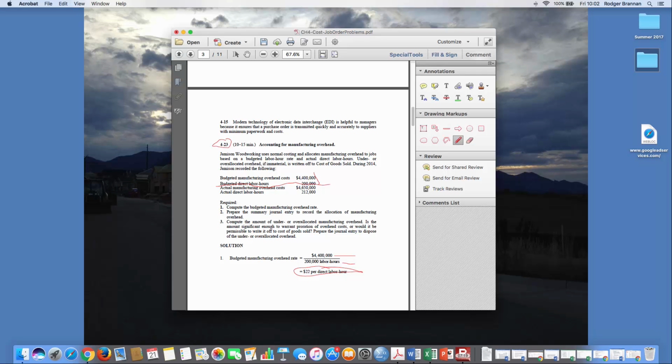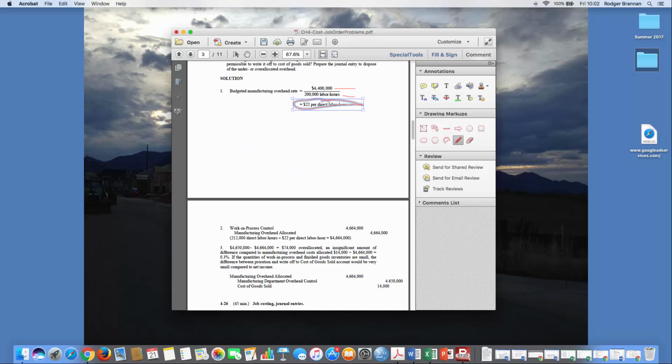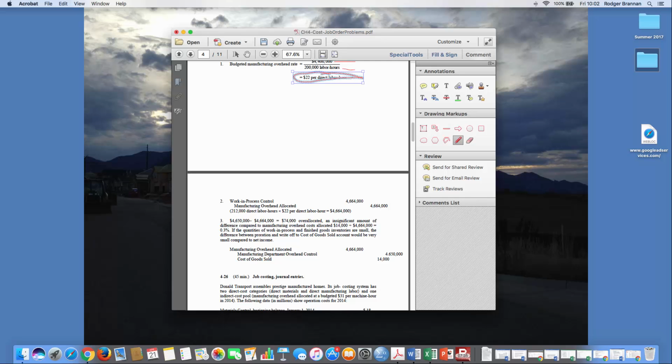So number one, the predetermined overhead rate, the normal rate, it goes by different names, is based on the budgeted overhead and the budgeted activity. So in this case, we're talking about $22 per direct labor hour. Now, in this particular case, they say, for example, that there were in fact 212,000 direct labor hours. All right, fine. We go with the actual amount. So we take the 212,000 times the predetermined overhead rate.